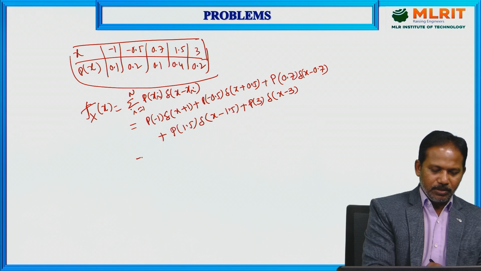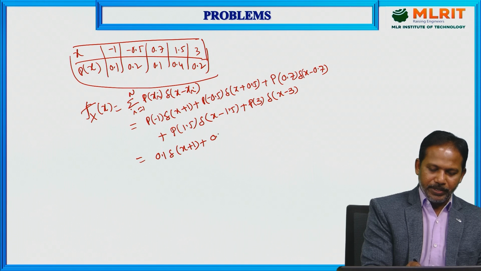Here, p of -1 is 0.1, so 0.1 into delta of x plus 1 plus 0.2 into delta of x plus 0.5.